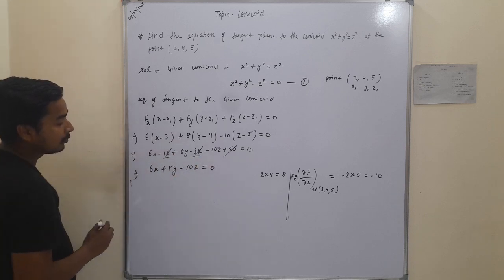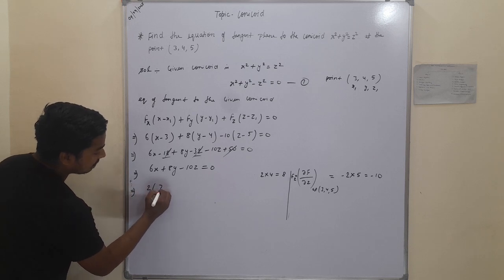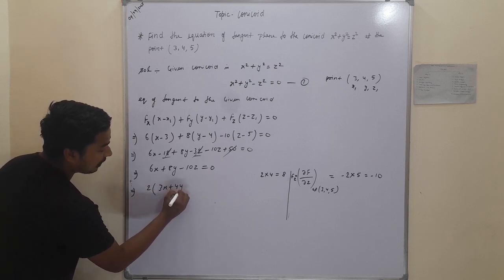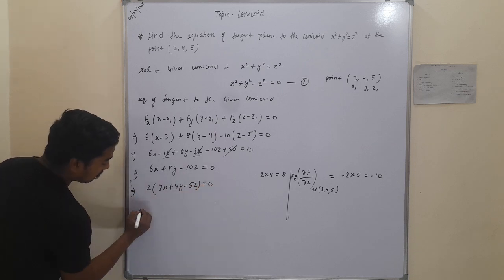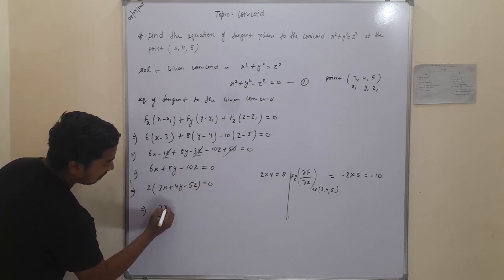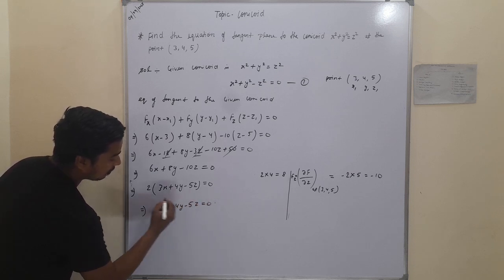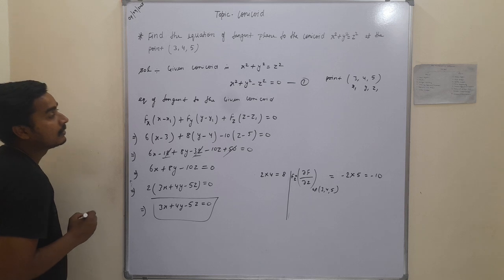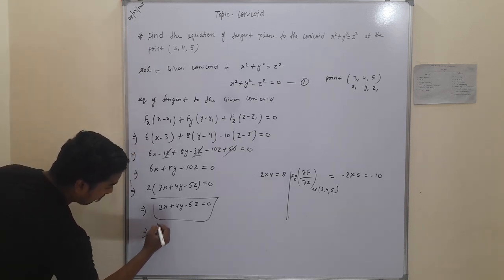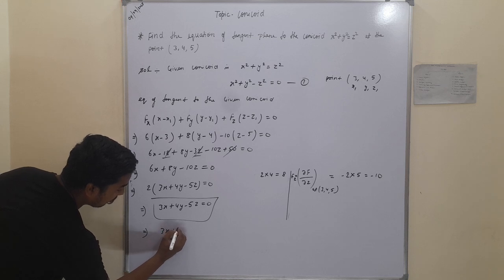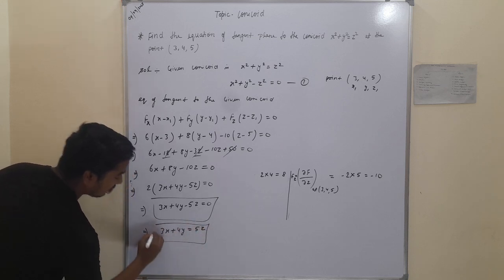Taking 2 common from the left hand side, the remaining is 3x plus 4y minus 5z is equal to 0. This is the required equation of the tangent to the given conicoid. We can also write it as 3x plus 4y is equal to 5z. This is the required solution of the given problem.